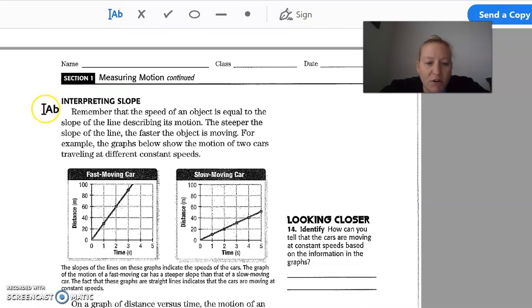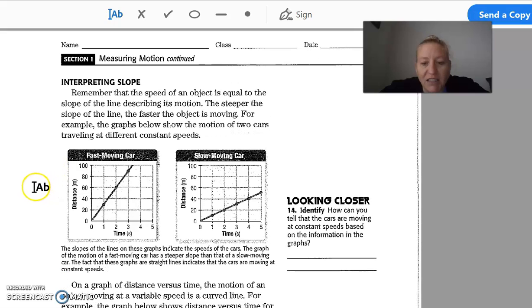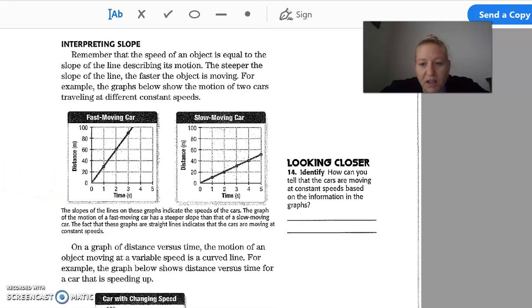Interpreting slope. Remember that the speed of an object is equal to the slope of the line describing its motion. The steeper the slope of the line, the faster the object is moving. For example, the graphs below show the motion of two cars traveling at different constant speeds. Look at both of these graphs.